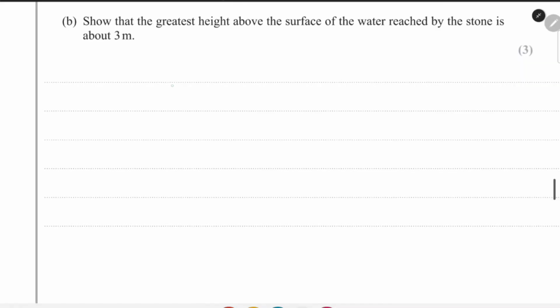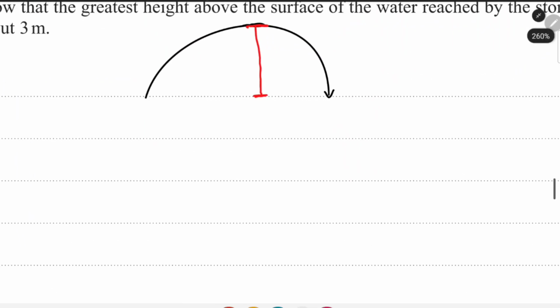So when the ball is thrown like this, it moves in this parabolic path, and at this point we have a maximum height. The maximum height is this many meters above the throwing point.